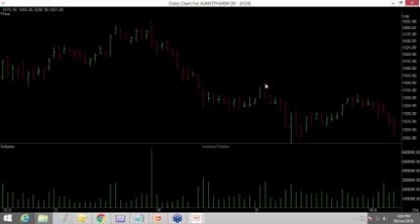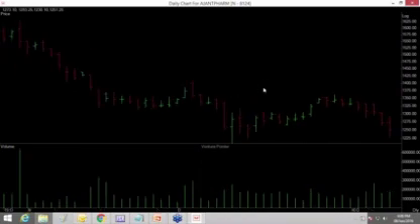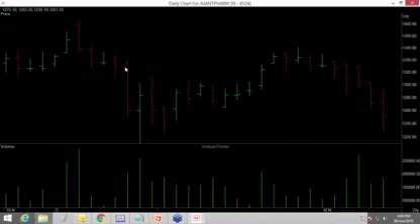Now this red one: here the left horizontal line is on the upper side and the right horizontal line is on the lower side. That means the opening price of the day is higher than the closing price of the day. That is a negative close. That's why the color is red. So if the closing of the day is higher than the opening, the color will be green, and if the closing of the day is lower than the opening price, the color will be red. So this is the bar chart. First we have seen the line chart, and this is the bar chart.